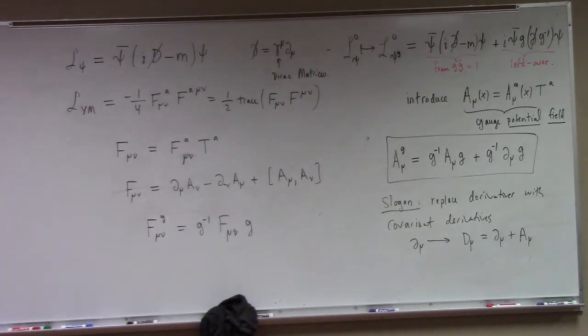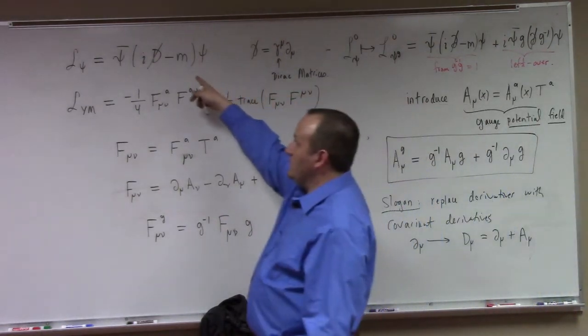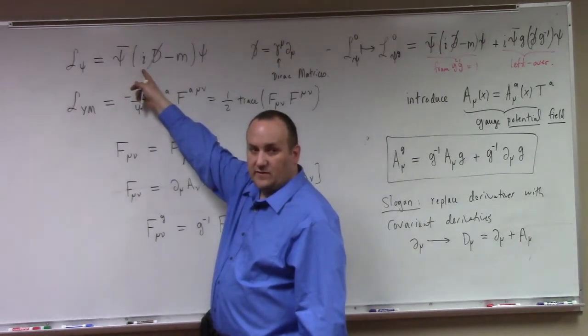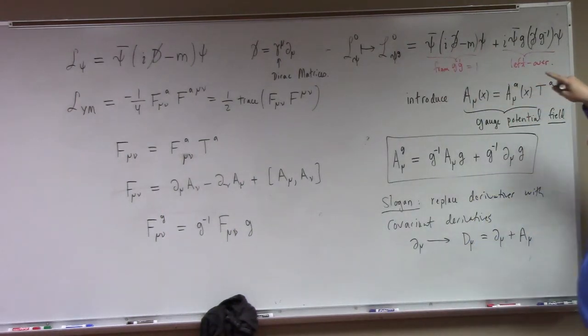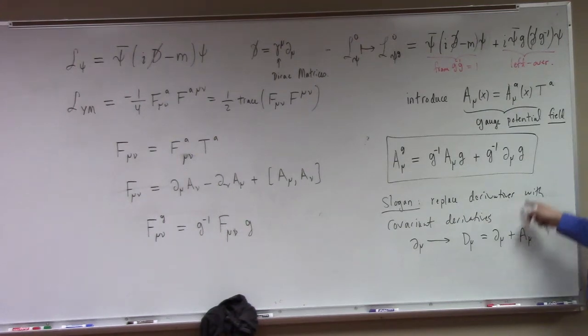And that's the other claim, that this piece up here is also gauge invariant because we've traded the partial slash for the D slash. The D slash involves A. And the way A changes under a gauge transformation is this.